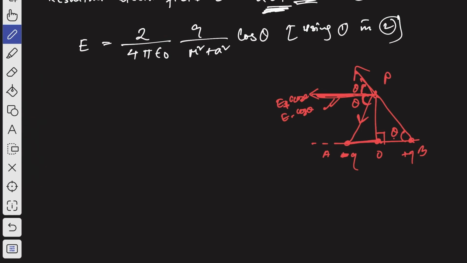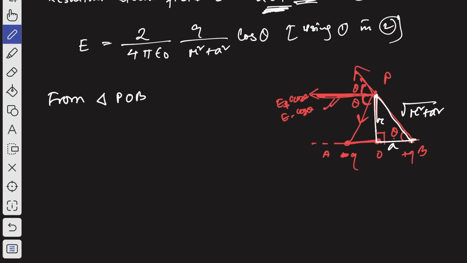Now see this triangle. Let us take this triangle. Here it is root over R square plus A square, and this is R, and this length is A, right? So from here you will get cos theta.